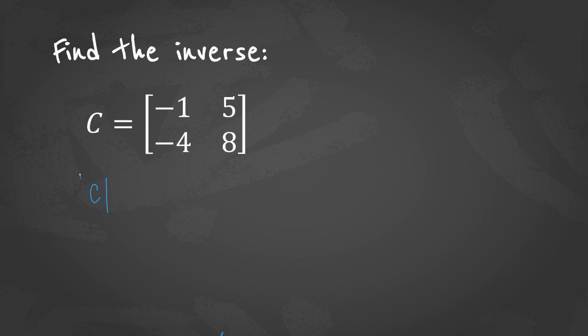I'm going to start by finding the determinant, which is -8 minus -20, which is 12. I'm going to multiply 1/12 times the 8 and -1, -5, and +4. And that's going to be the inverse of C. So I'm going to have 8/12, which is 2/3, -5/12, 4/12, which is 1/3, and -1/12.